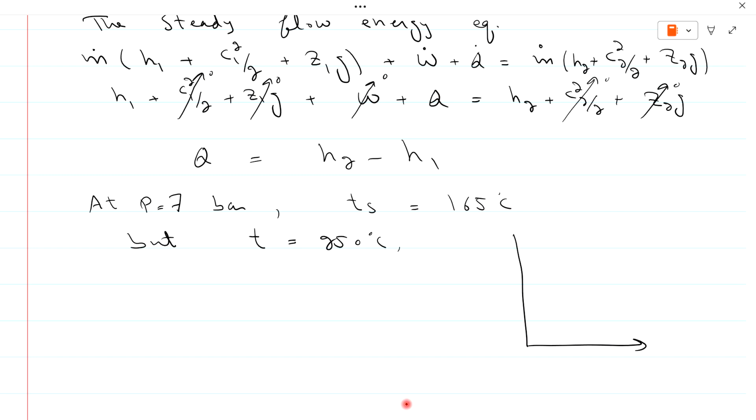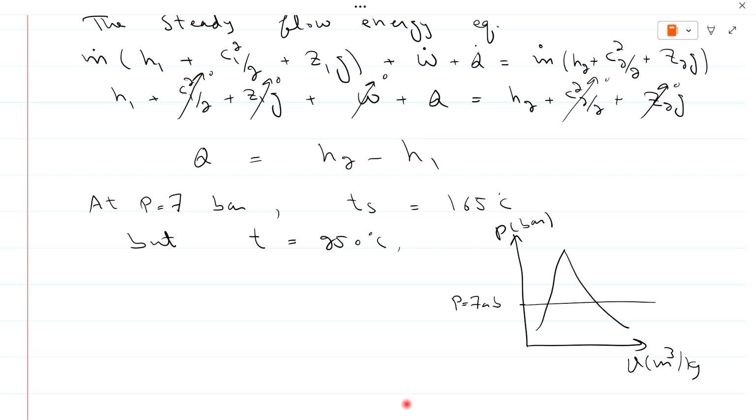This will be the saturation curve. Let's suppose this is the pressure equal to 7 bar, so this is a constant pressure line.